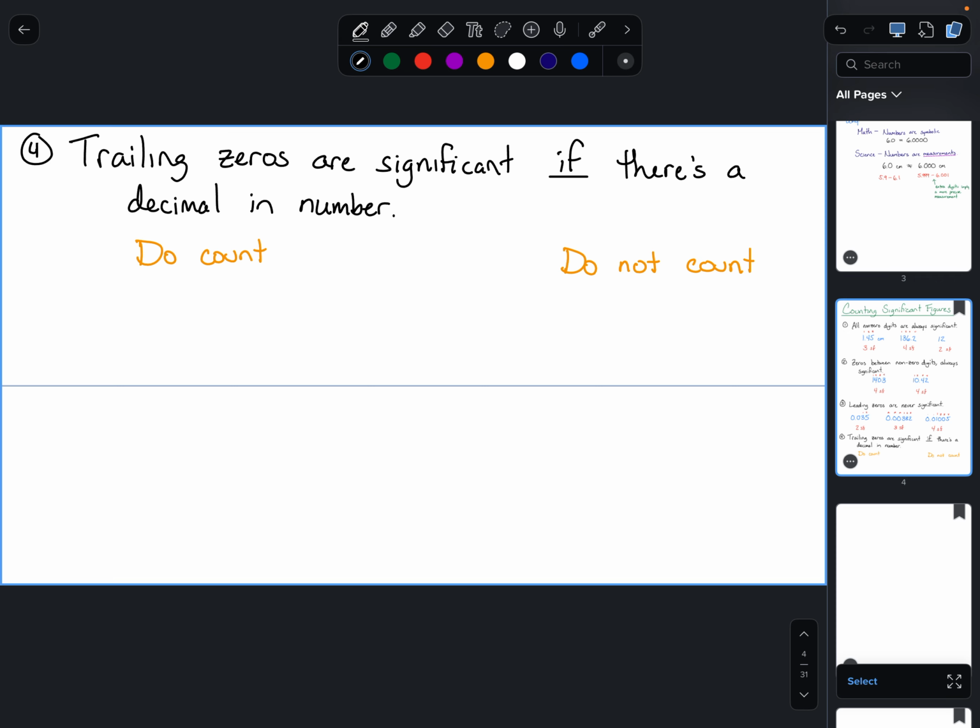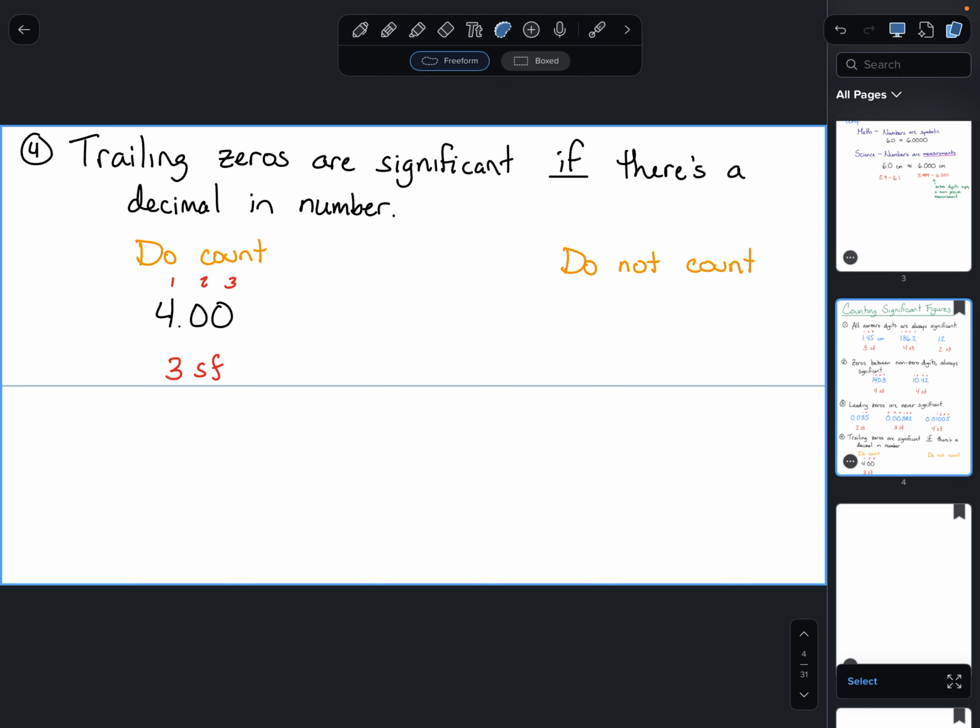So if I have something like 4.00 and I'm counting my sig figs here, I would have 1, 2, 3. I'm going to count these zeros because there's a decimal point explicitly represented in that number. So here we have 3 sig figs.